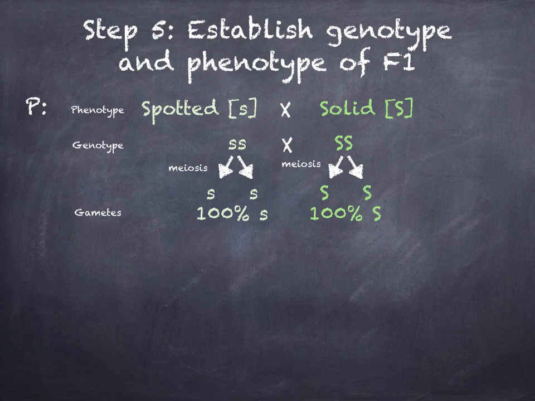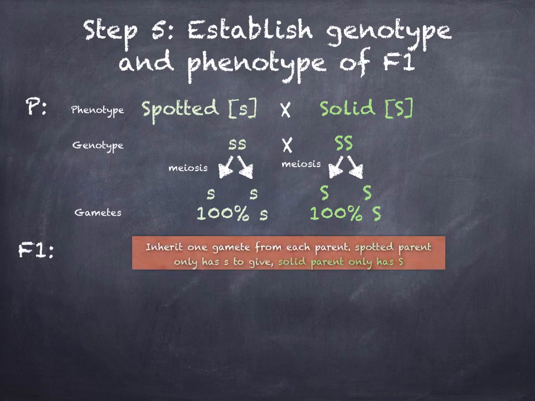Starting from the gametes that we have, we know that all the individuals of the F1 generation will come from the fusion of a gamete of the first cow and a gamete of the second cow. So every individual of the F1 will inherit one gamete from each parent.